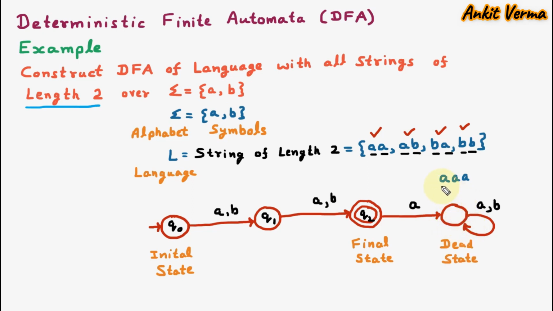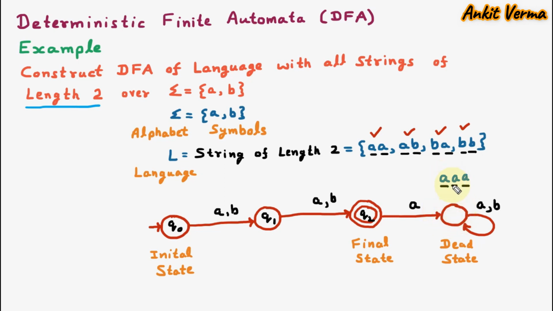So here, if the first A is coming from Q0, for A we are moving to Q1. If next A is coming, from Q1 for A we are going to Q2. And if next A is coming, from Q2 for A we are going to this state. And this is not the final state.